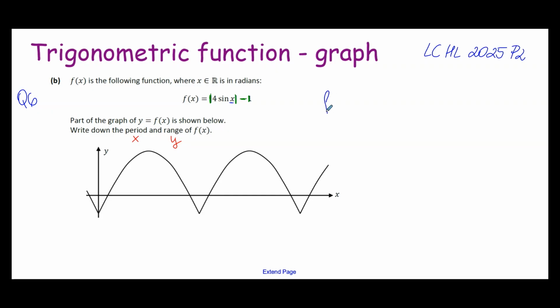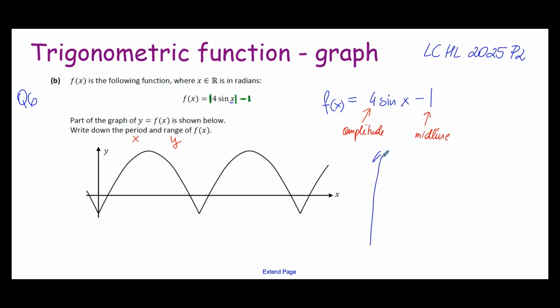If our function was written as 4 sine of x minus 1, without the absolute value bracket, then we understand that -1 is the midline and 4 is the amplitude. What does that mean in practice?